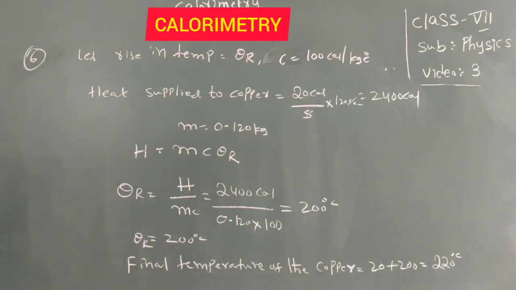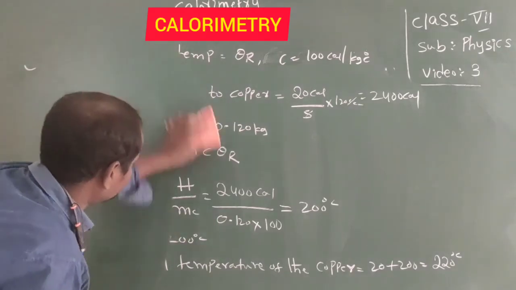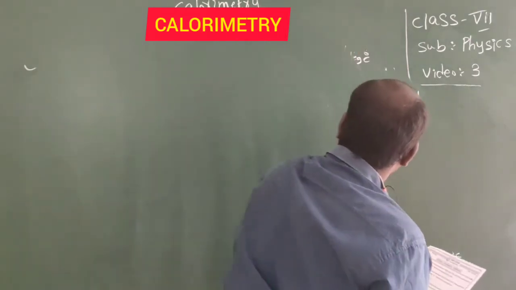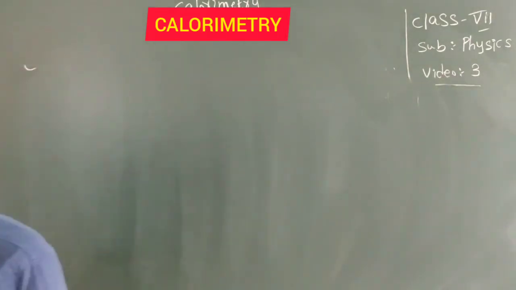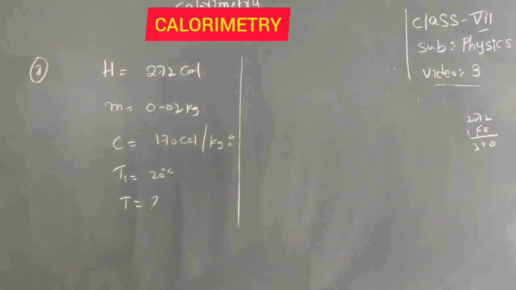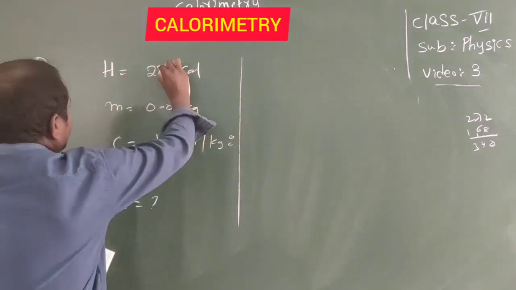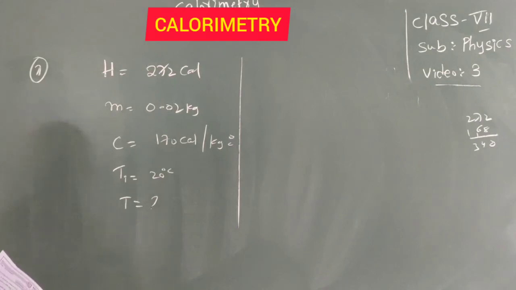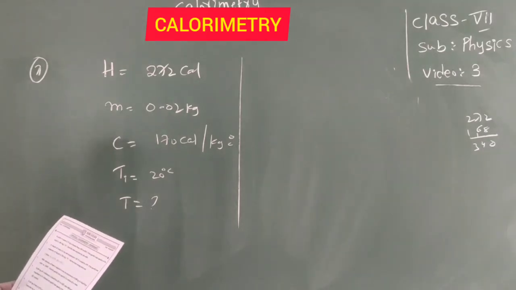Okay, now question number 7. Here heat energy is given, 272 calories, and mass is 0.02 kg, and specific heat capacity C equals 170 calories per kg degree Celsius, and Ti, the initial temperature of the body, equals 20 degrees Celsius.